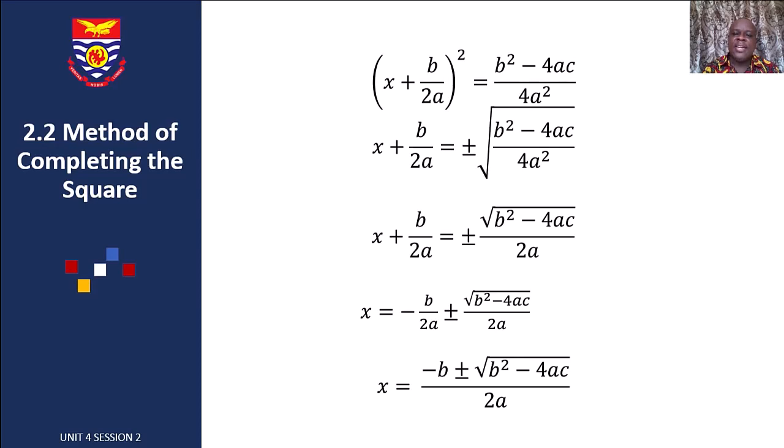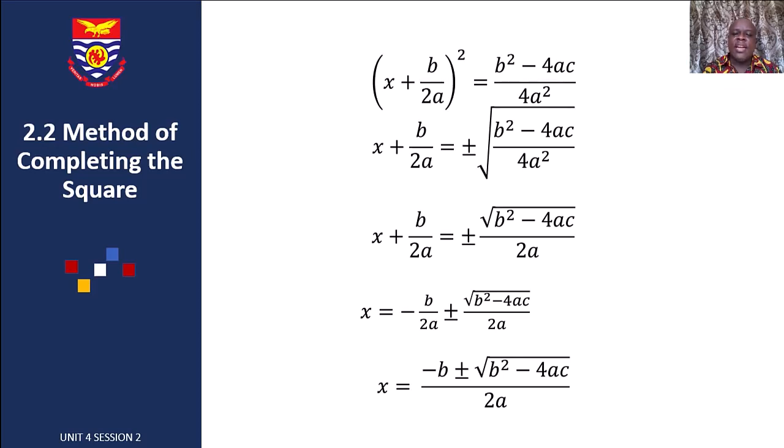Then we simplify further. We have x plus b over 2a is equal to, at the numerator, the square root still remains, and then you have b squared minus 4ac under the square root. Then for the denominator, you can find the square root of 4 and the square root of a squared. So you get 2a.